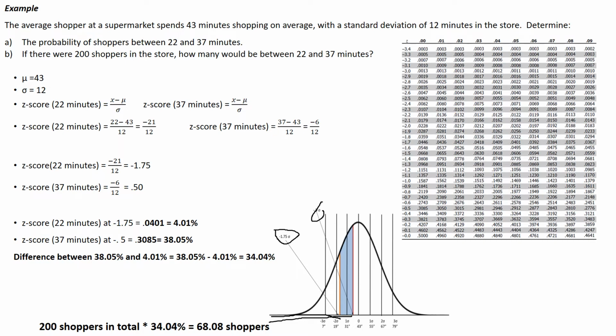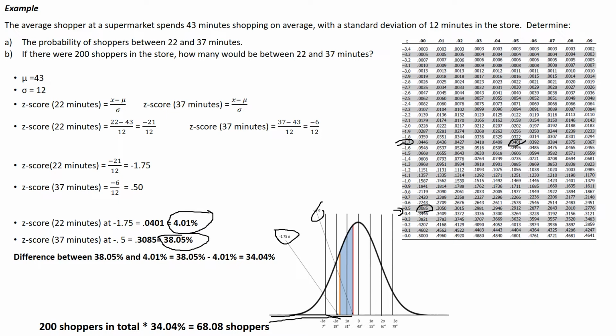Here is negative 1.7, and then 1.75 is 0.0401, which is what I got right here. And then my second one is negative 0.50, and that is right here, 0.3085.